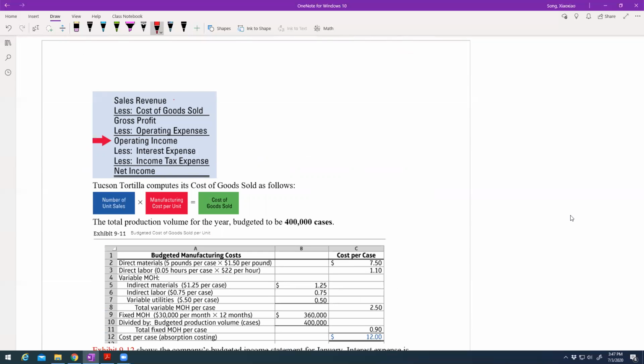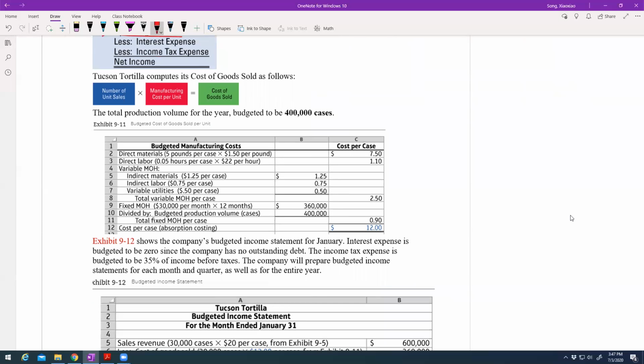We have our sales revenue from the sales budget minus cost of goods sold from the production budget. We get our gross profit, minus all this operating expense, and we get our operating income. Then you also have interest or tax, and you get your net income.